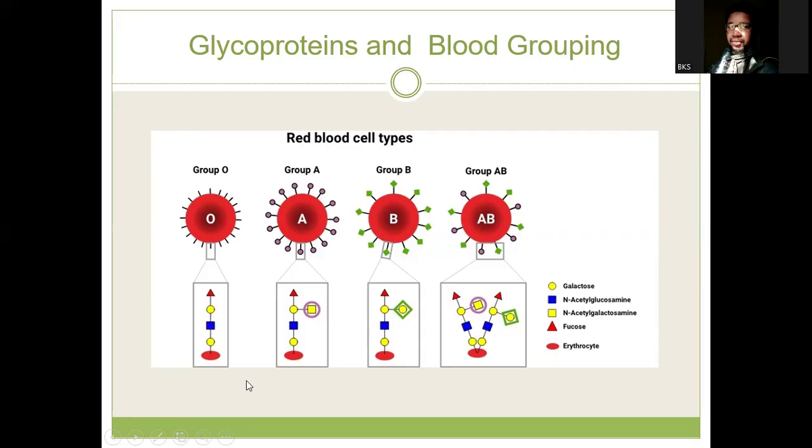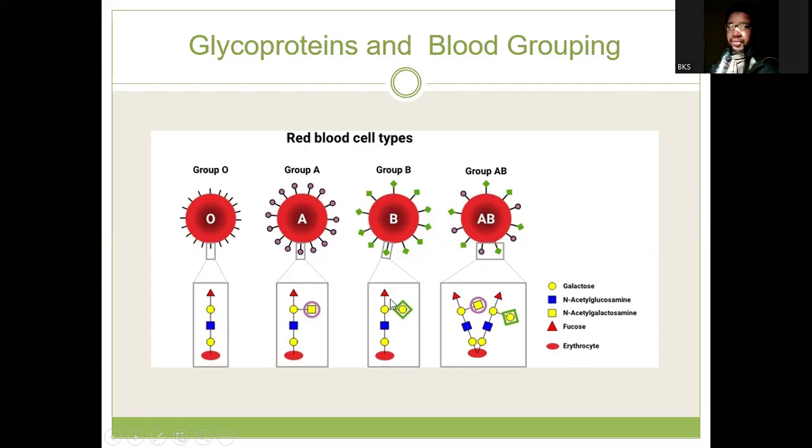You can also have another individual exactly like this, but on this galactose, you have another sugar, blue but square, and this is N-acetylgalactosamine. That individual is blood group A. You can also have another individual exactly like that of O, but still on that galactose, you have another galactose attached to it.